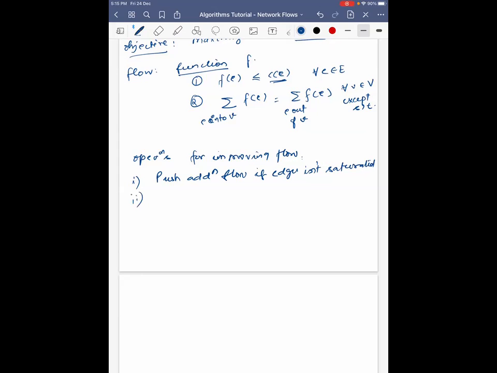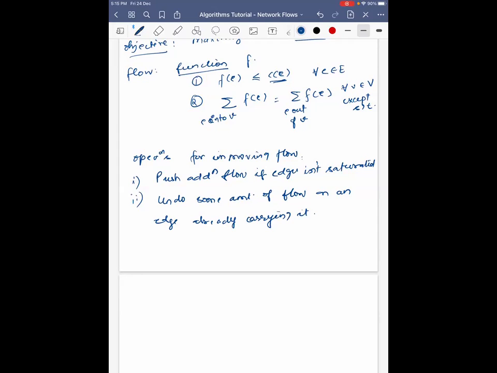And the second operation would be that if a particular edge is carrying some amount of flow, then I might want to undo some of the flow on that edge and reroute it along a different edge. So: undo some amount of flow on an edge already carrying flow.